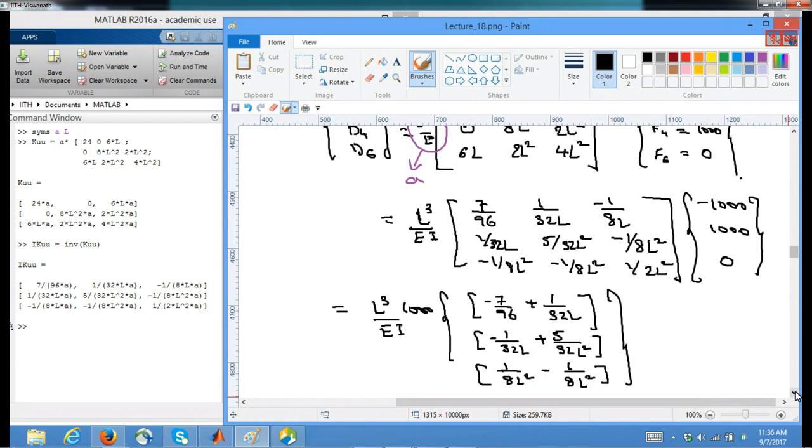So I hope this is not L square, I made a typographic error. This is not L square, this is L. So let me just compare it. 7 by 96, 1 by 32L, minus 1 by 8L, 1 by 32L, 5 by 32L square, minus 8 by L square, minus 8L, minus 8L square, 1 by 2L square.